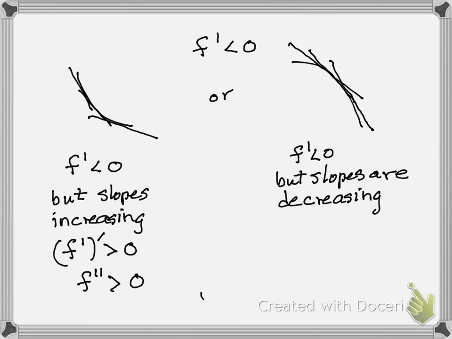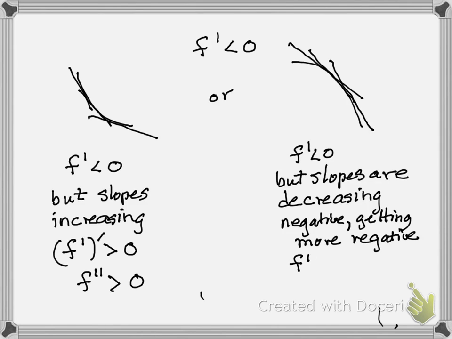So they're smaller negative numbers. That is, they are more negative. So in this case, the slopes are decreasing. F double prime is less than 0.